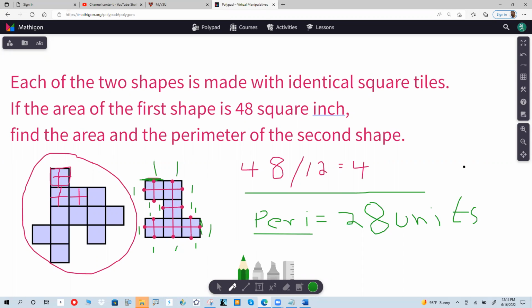Well, the area is very easy, guys. How many squares are here? 1, 2, 3, 4, 5, 6. 6 of the blue squares are there, but each blue square has 4 little squares, so the area will be 4 times 6. And this time you have to say unit squared.